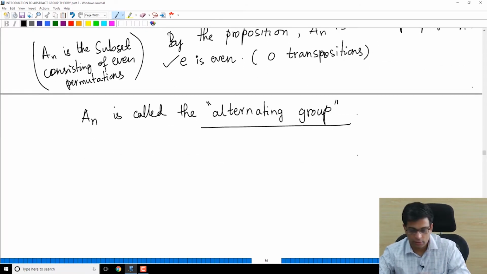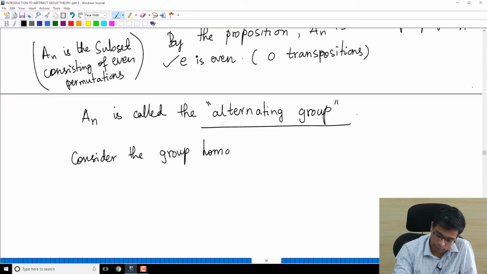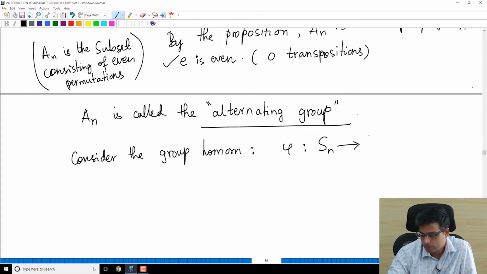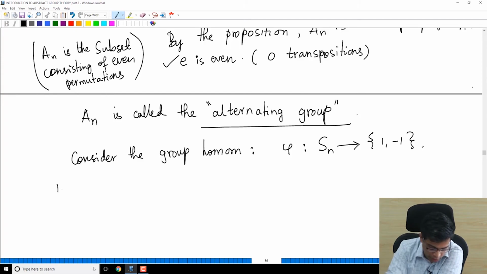Okay, now let me just quickly mention one fact about An, namely what is its order. So now I'm going to introduce a homomorphism. Consider the group homomorphism phi from Sn to {1, -1}. Before I tell you what phi is, just a word about what {1, -1} is. {1, -1} is a group under multiplication.